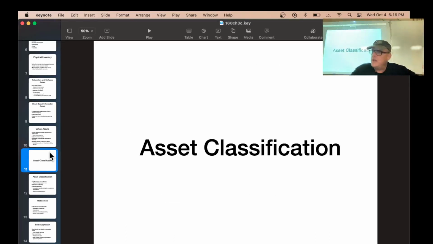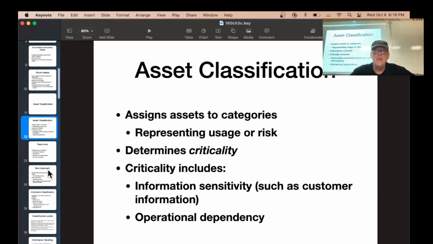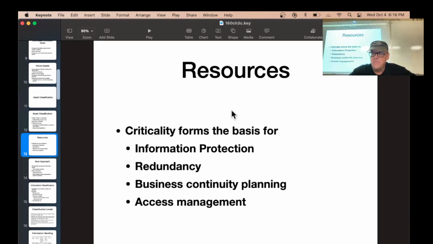All right, so then you got to classify your assets. Not all assets are the same. You determine what their usage and what the risk is and how critical they are. Criticality means that if you lose them, it will have a very serious effect on your business. It might be because it's sensitive information, like customer information, or it might be operational dependency, where you need to have that data in order to run your company.